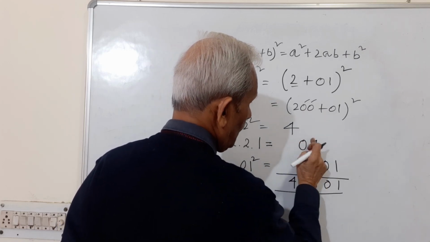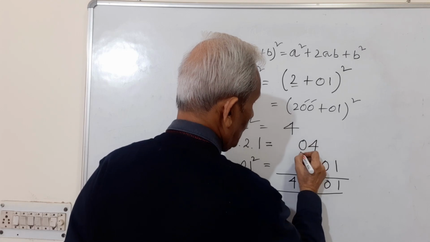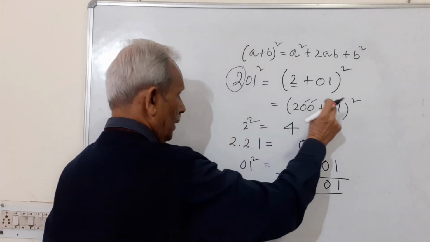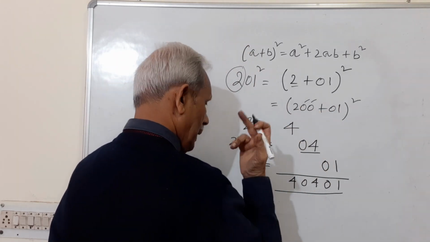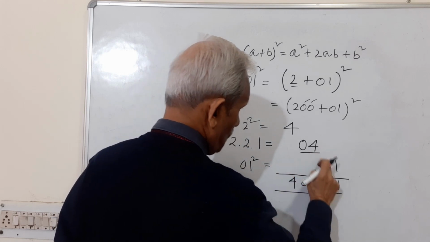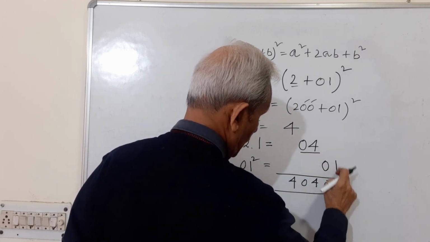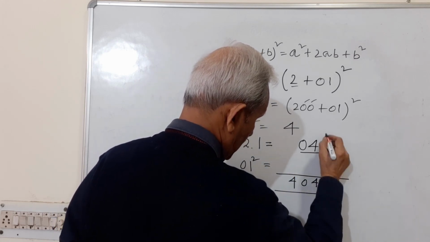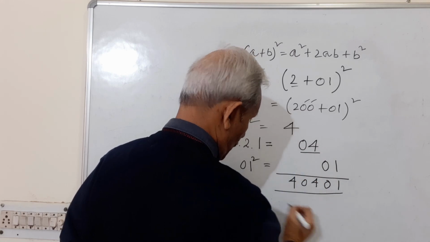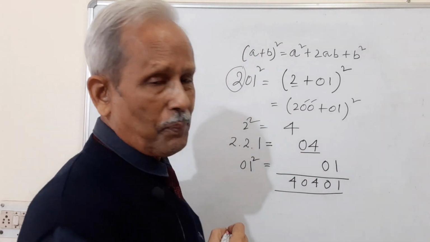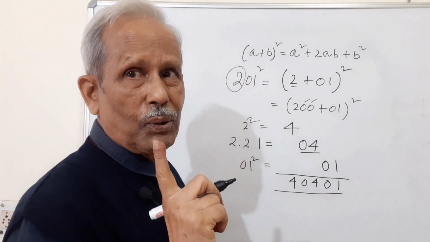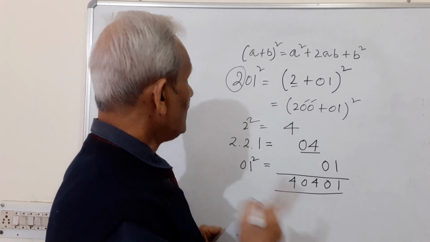Beyond this 4 you have shifted by 2 digits, and 0 1 square is 1, again you have to shift by 2. After 4 0 1, add it column wise: 4 0 4 0 1. I think you have understood. You can do this very easily.